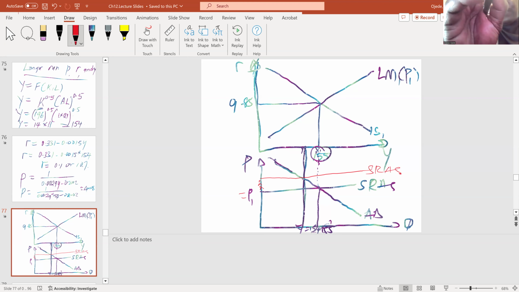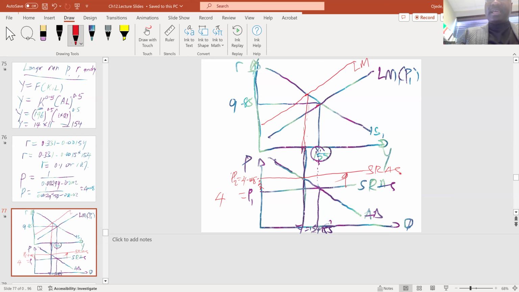This new long-run price we solved to be 4.008. That means eventually the LM curve is going to shift to the left, because when price adjusts, the economy has to move back to the long run. This is a function of P2.